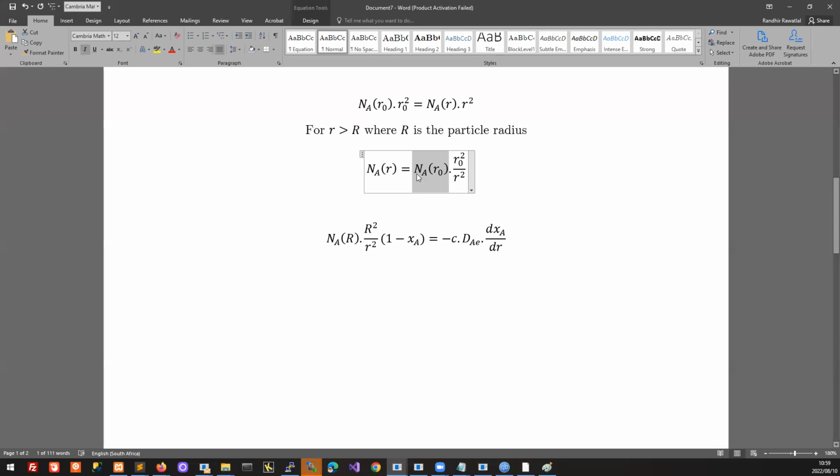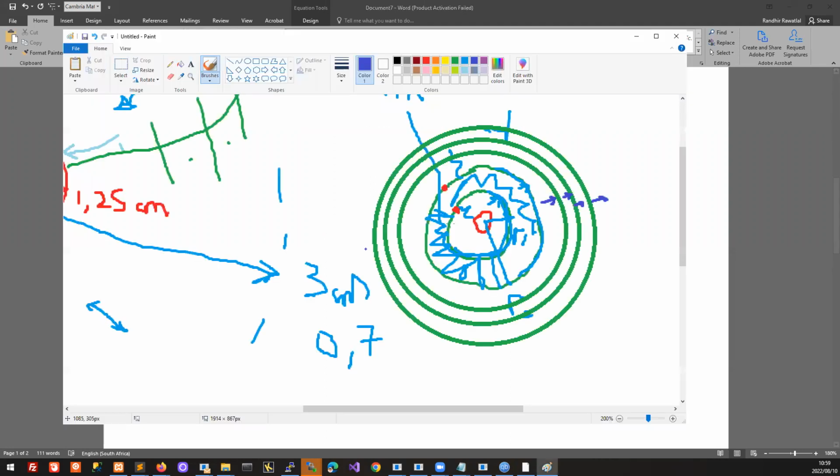This is the flux at a specific point, R naught. Maybe a better way to write this is NA naught like this, right? So NA naught is fixed with respect to R, right? If you think about it, that is the flux on the surface here.